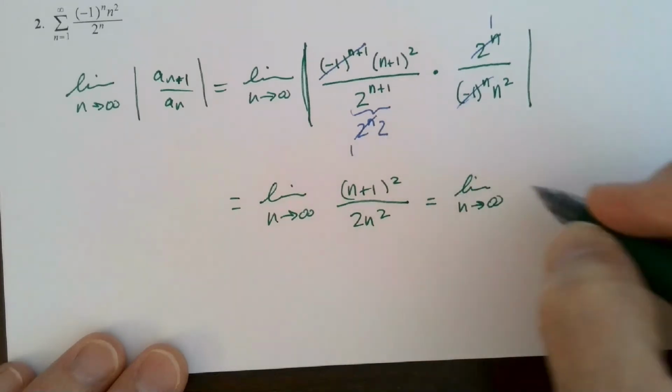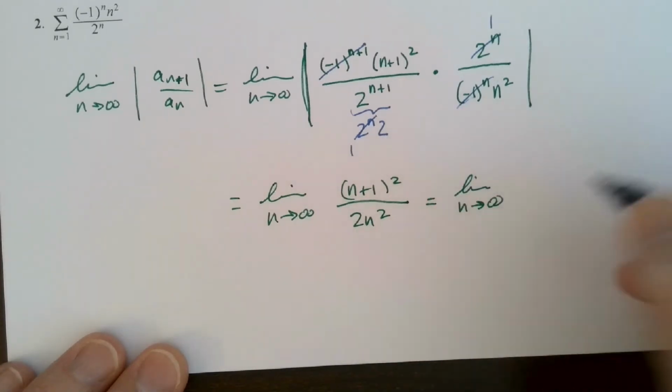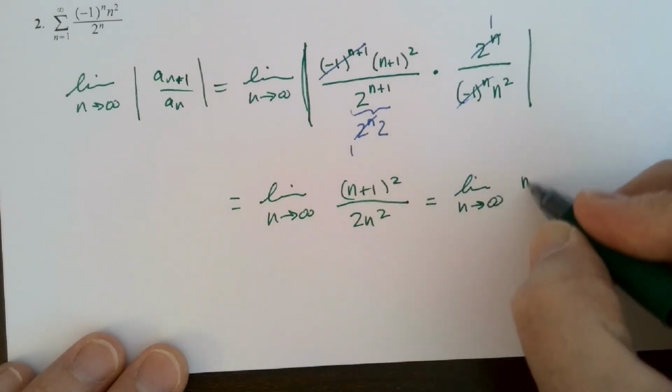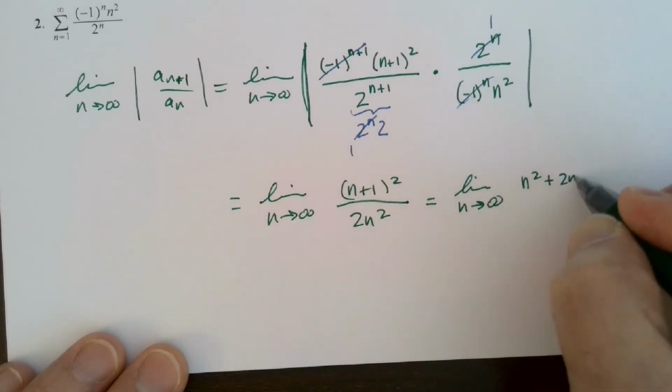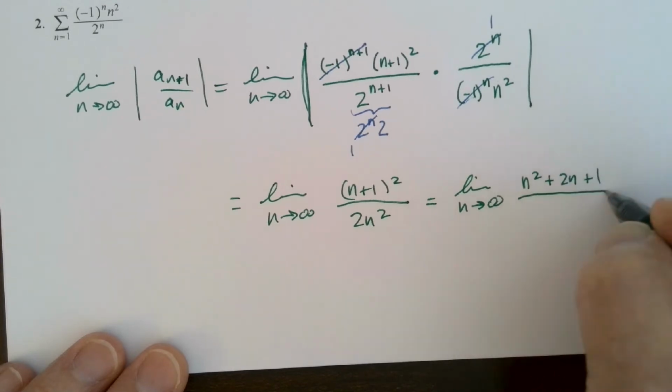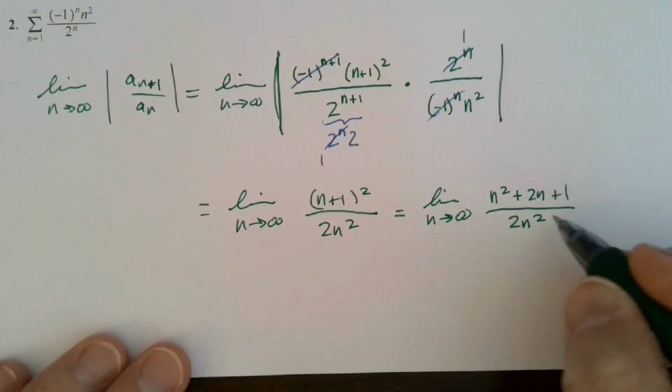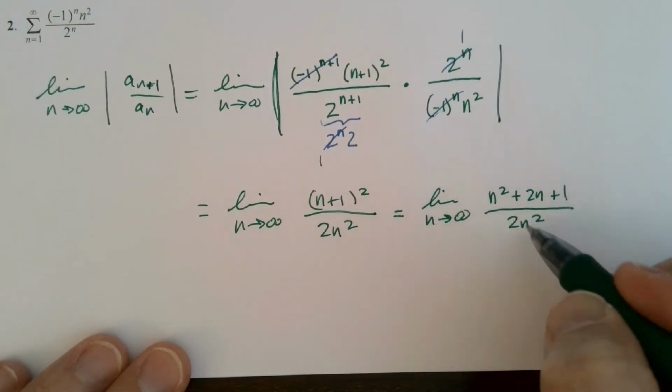So I can use L'Hopital's rule if I wanted to. Actually a couple times, but let's just notice if I expand this out, I get n squared plus 2n plus 1 all over 2n squared. And most of you already know what this limit's going to be because the degree of the top and bottom are the same, both n squared, right?